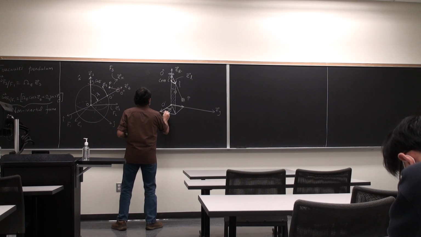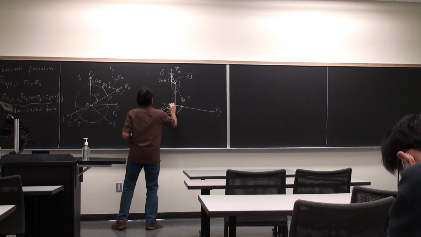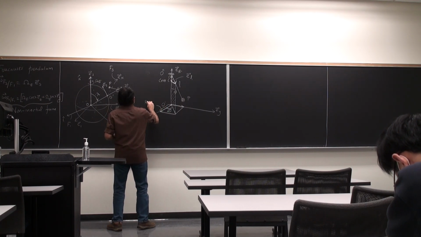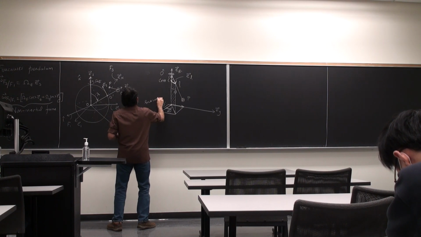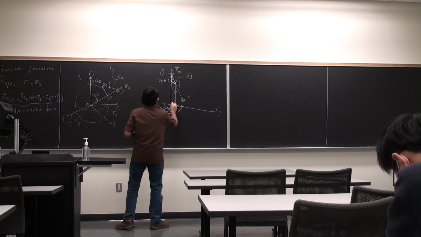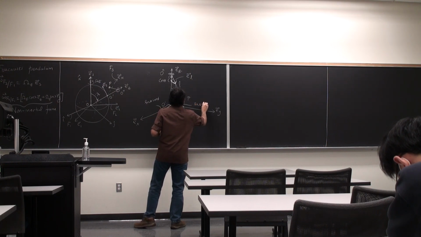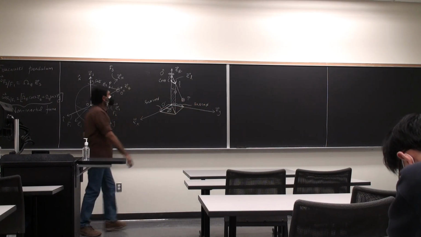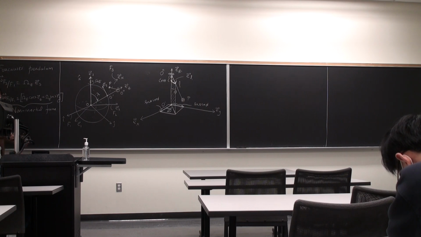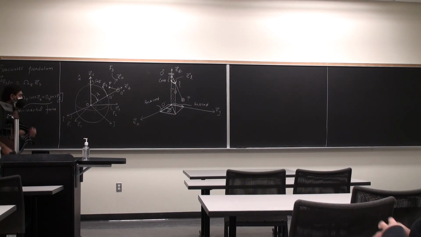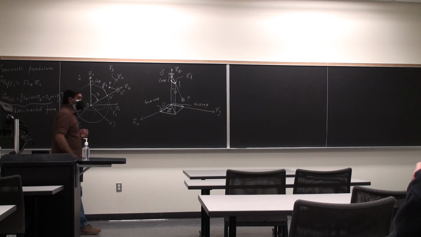So this quantity here is sine theta cosine phi. Sine theta sine phi. Okay, so those are the projections of the unit vector EL along the XYZ. And I'm going to write down the unit vector EL as follows.